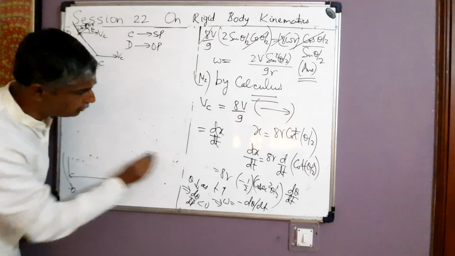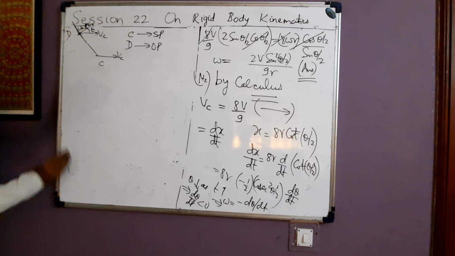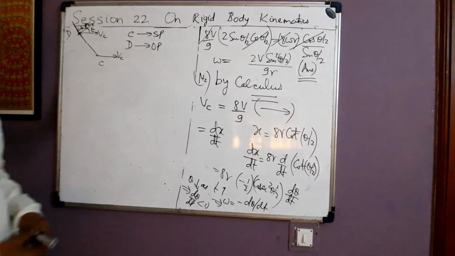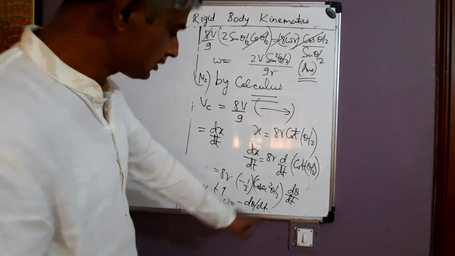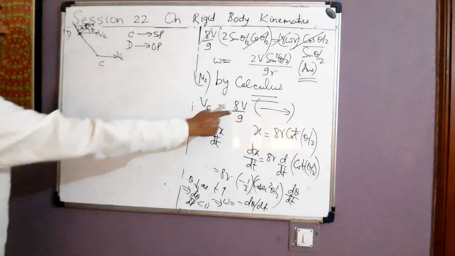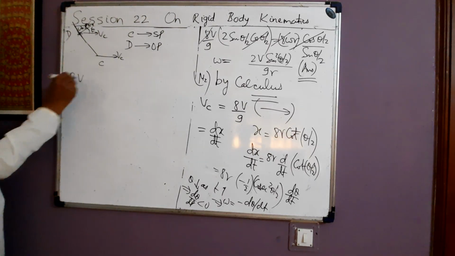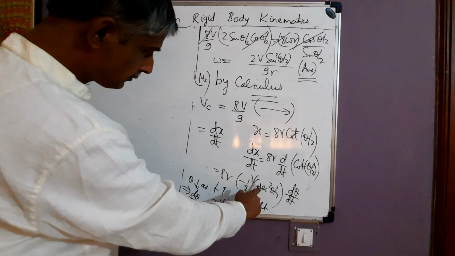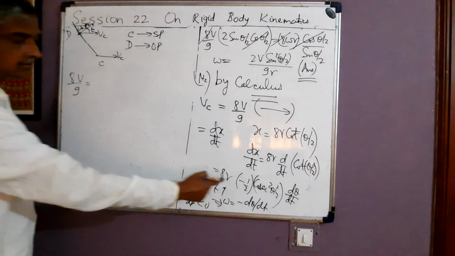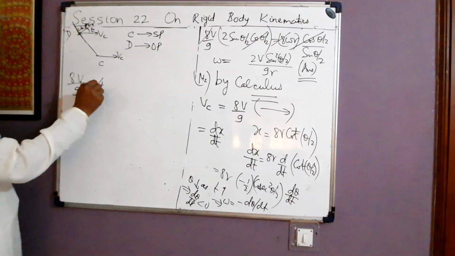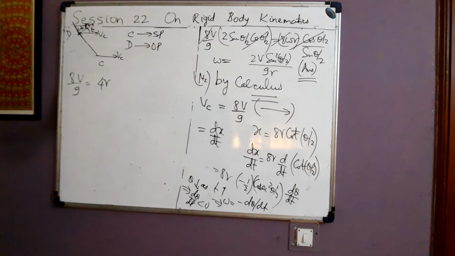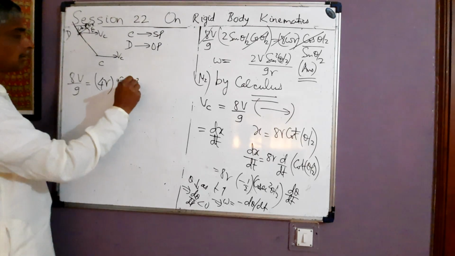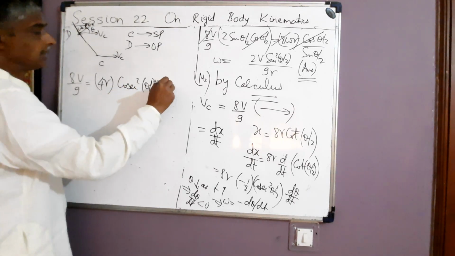Omega is the angular speed of the board. So minus d theta by dt becomes omega, and Vc is 8V by 9. So 8V by 9 is equal to 4r into cosec square theta by 2 into omega.